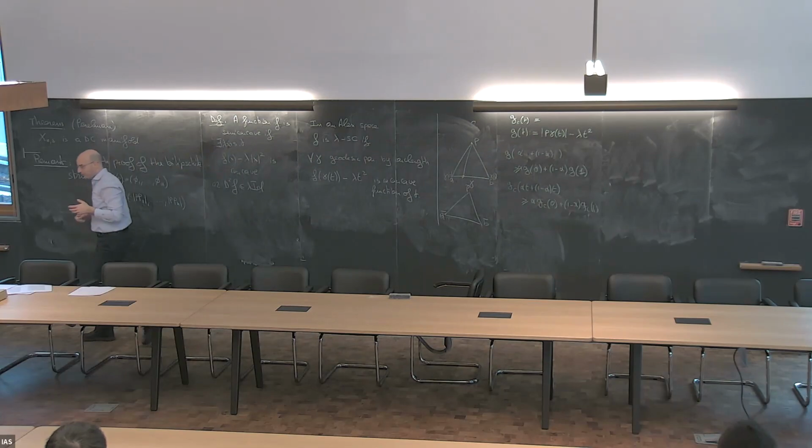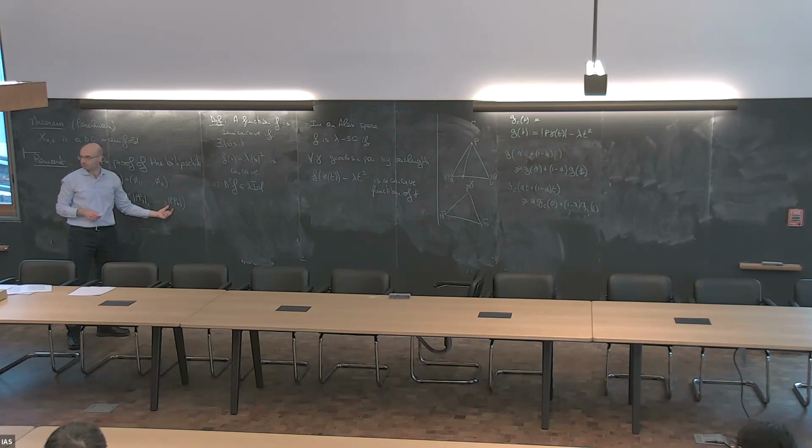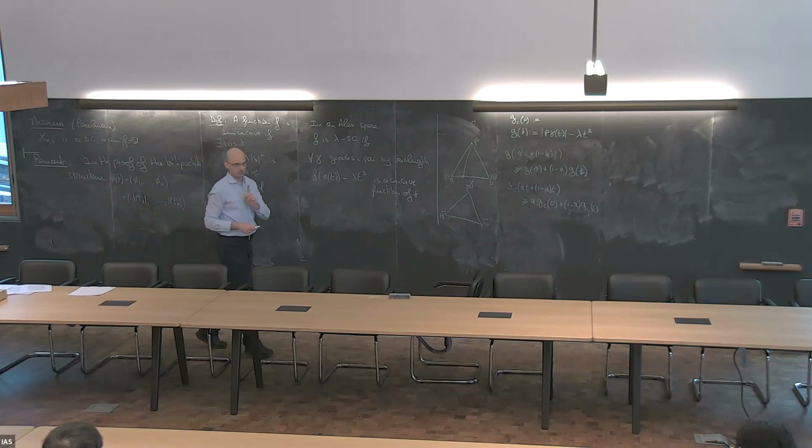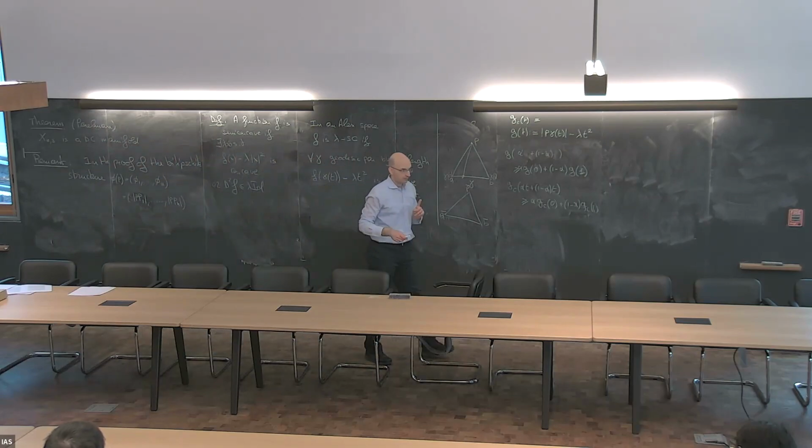Okay, so now you have something very nice, right? Because these functions are semi-concave directly. Now here's a little issue though. In the Euclidean space, it's absolutely obvious: if you have a semi-concave function, it's the difference of two concave functions, right? It's less obvious in the Alexandrov space.